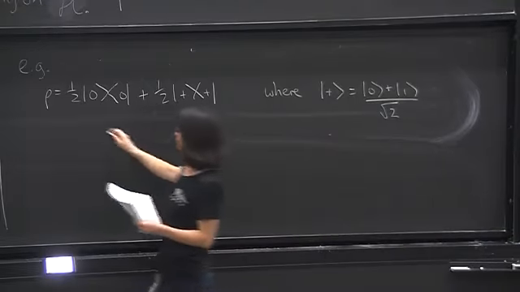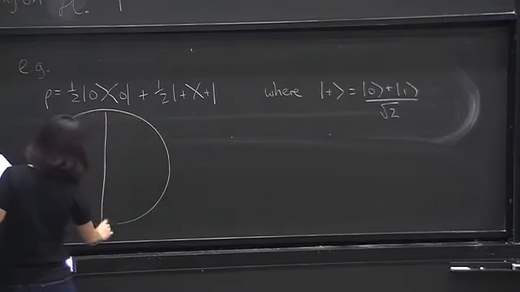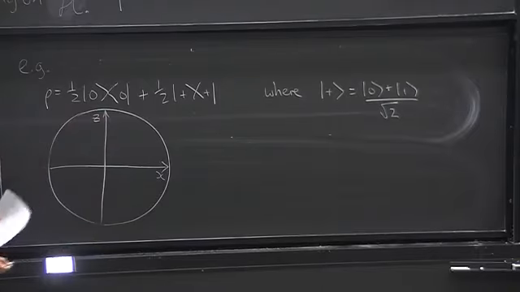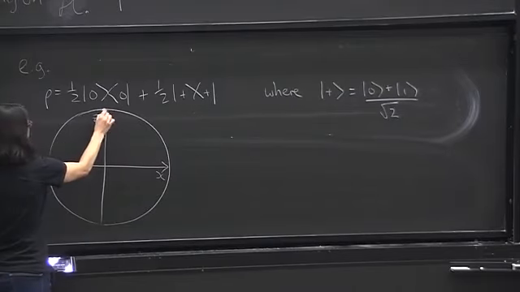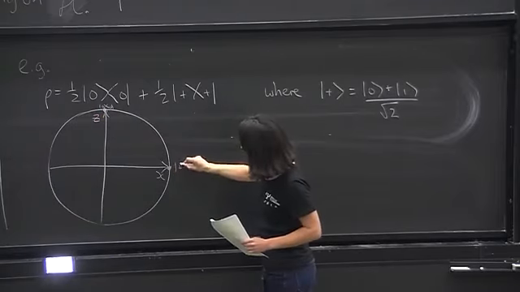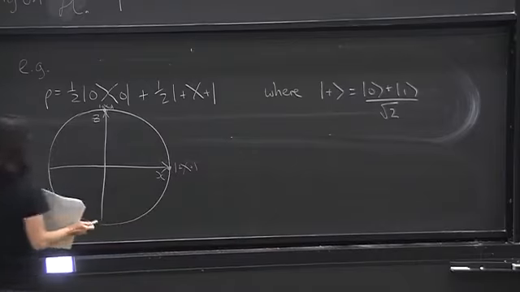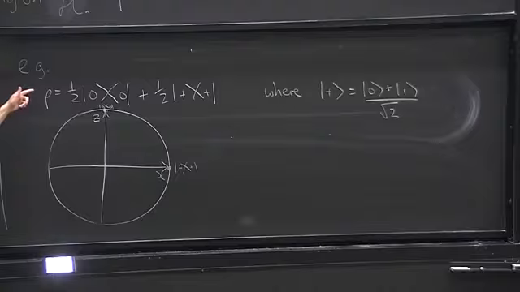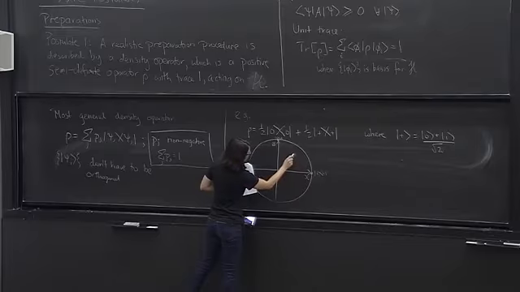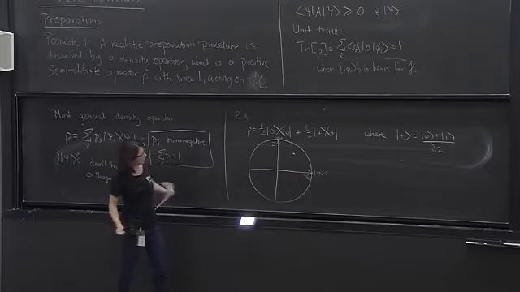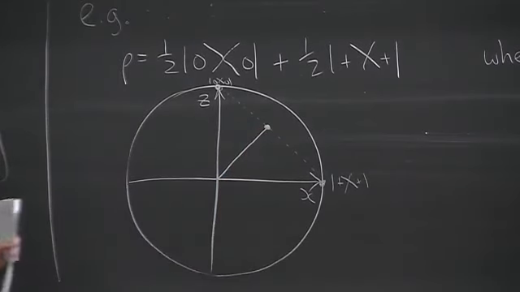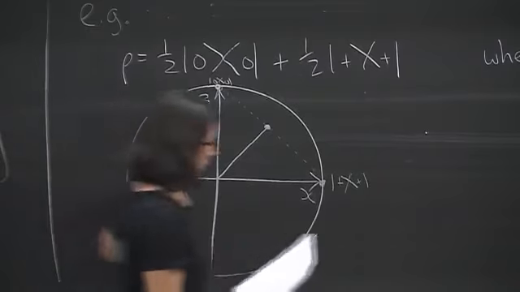If I draw a slice of the Bloch sphere, just showing the x and z axes, then I can put the state 0 here, the state plus here, and the point that corresponds to the density matrix for this preparation is just going to be the point right in the middle along the line joining these two states. So you can see that it's not a pure state because it's not on the surface of the sphere.